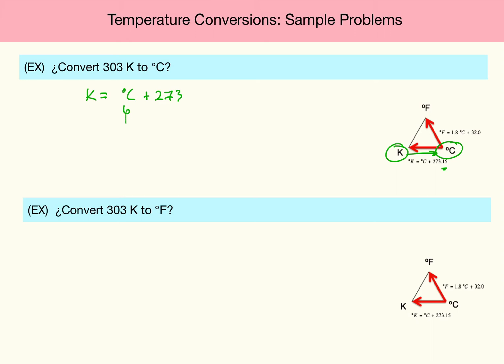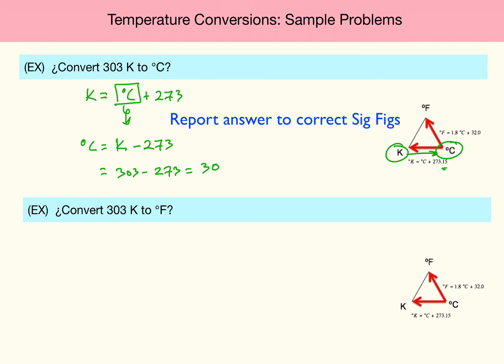Now I have to rearrange this equation, because I'm looking for degrees C. So degrees C is equal to K minus 273, which is equal to 303 minus 273, which is 30. Well, almost 30 dot. Why?